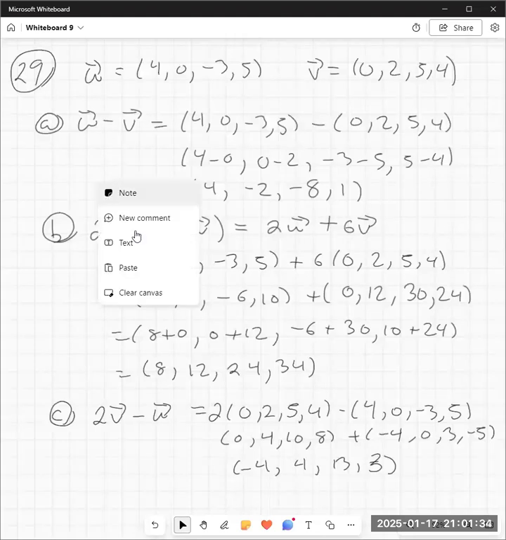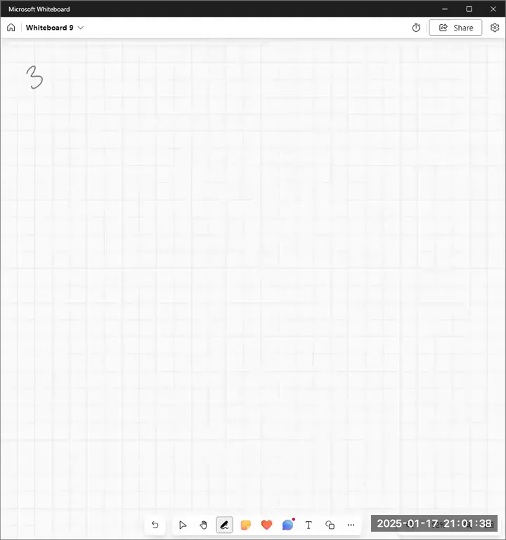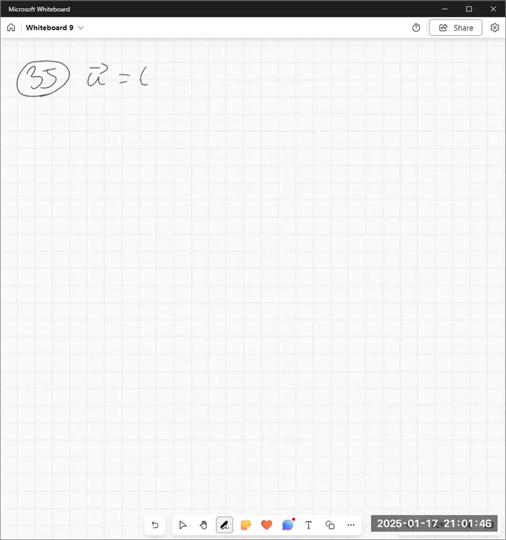Let's go ahead and look at number 35 next. That's u is equal to (1, -1, 0, 1), and v is equal to (0, 2, 3, -1).